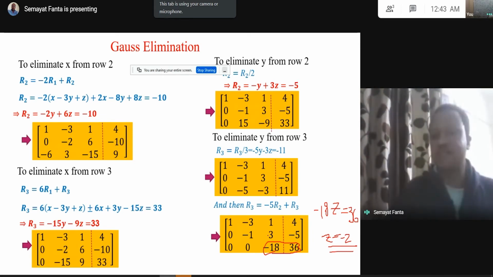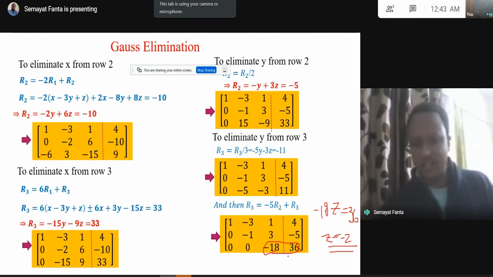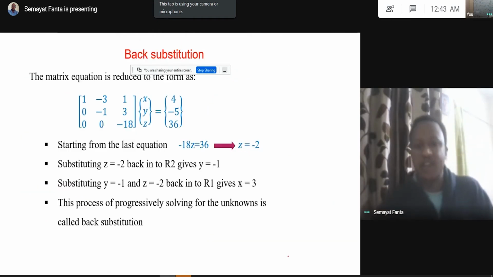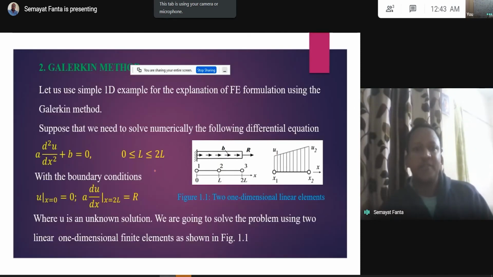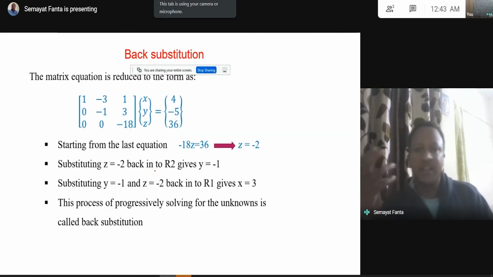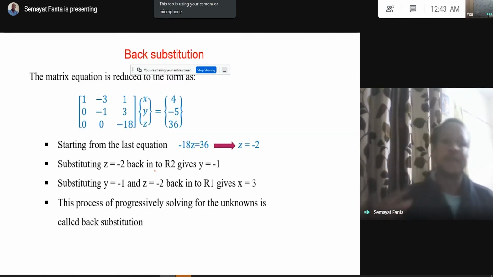By substituting this value in place of z, we immediately get the value of y. Continuing the back substitution, all three values will be obtained. So this is the technique for solving equations or finding the inverse of a matrix.